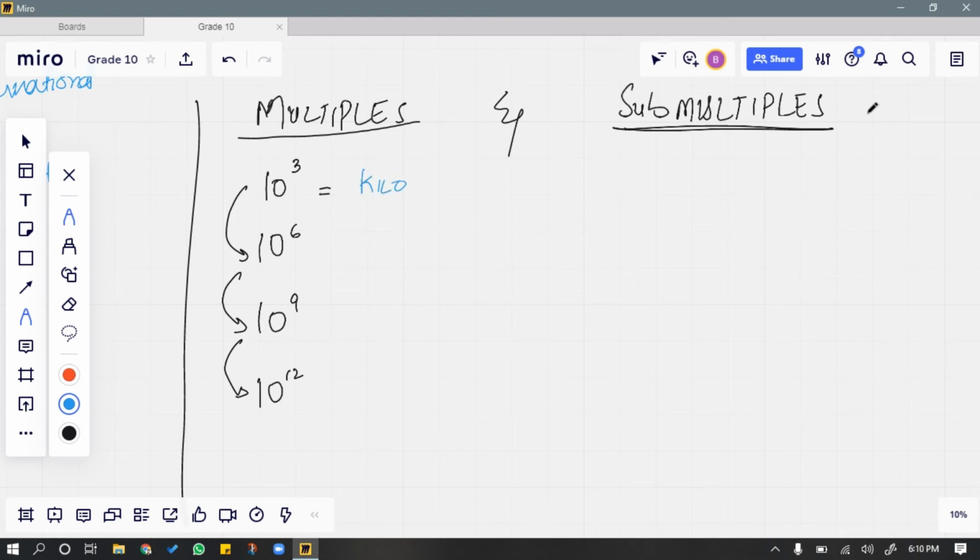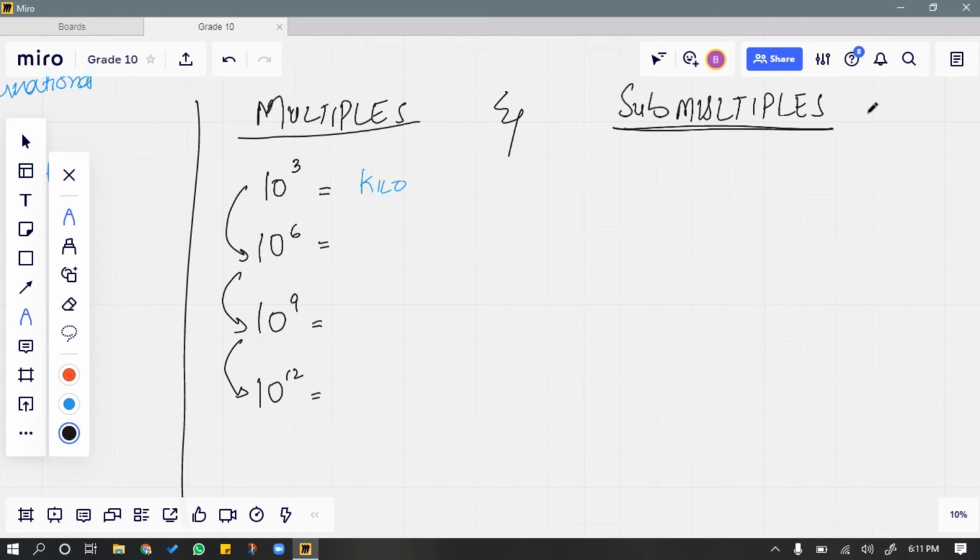You can use kilo with any particular quantity: kilometer, kilogram, kilosecond. Basically, we're not using kilosecond too often, but if time has been introduced much more, there are different other factors to elaborate a bigger time. But we are mostly using kilo with grams and with length, kilometers. So this is the hugeness of any quantity. If your quantity is big, there is no need to write down the whole number.